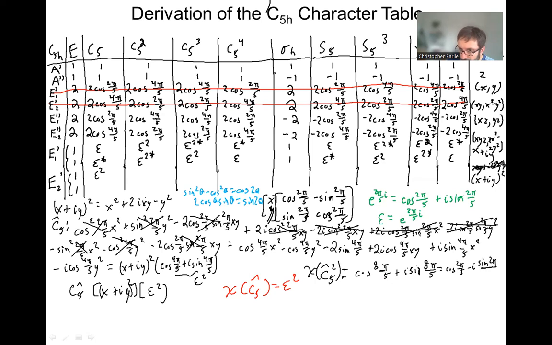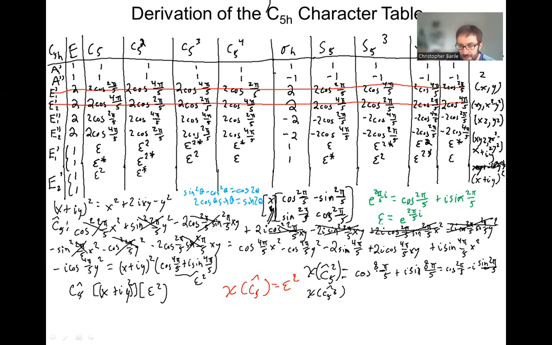And so this looks very much like the definition of epsilon here, but we have the complex conjugate. The sine part is negative. So this is going to be epsilon complex conjugate.